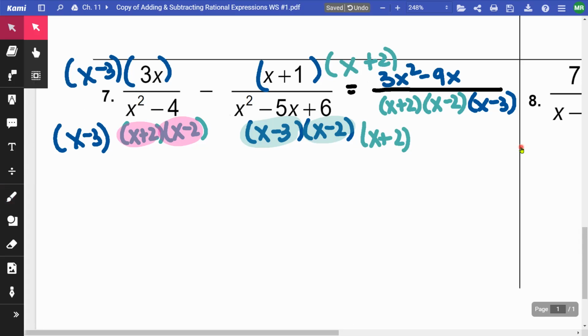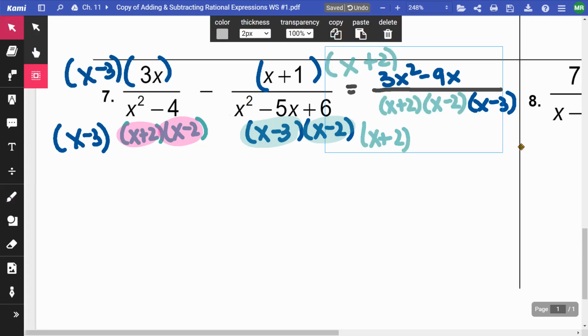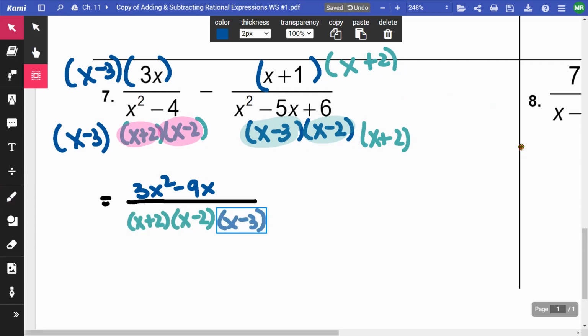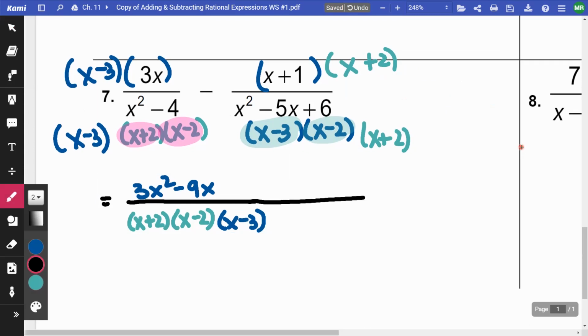Let me just move this. Okay. And from my second one, I'm going to be careful. I'm going to put the minus out front.